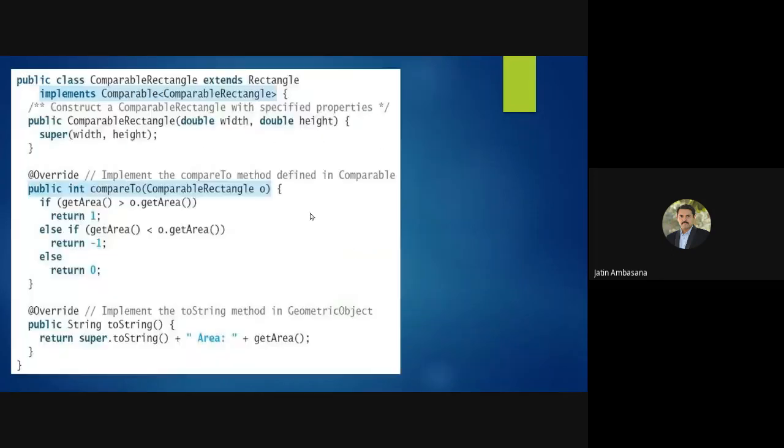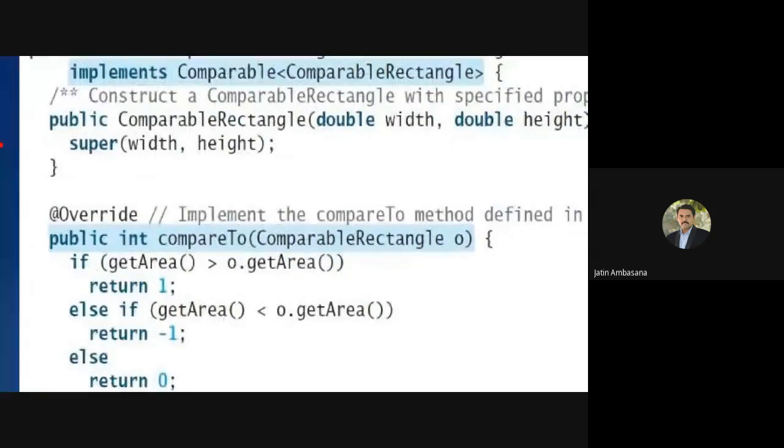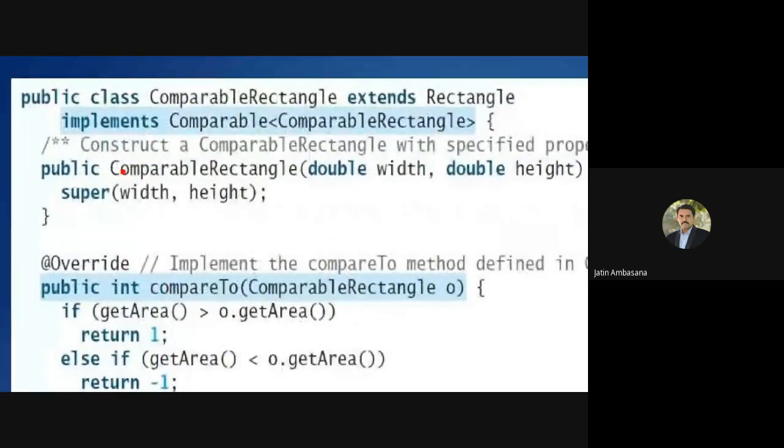Okay. Now see, what if you want to implement a specific compareTo method for a specific class? For example, we say public class ComparableRectangle extends Rectangle. Okay, and it implements Comparable<ComparableRectangle>. So since it implements this, it has got this compareTo method which can compare another same type of object, a ComparableRectangle object only.